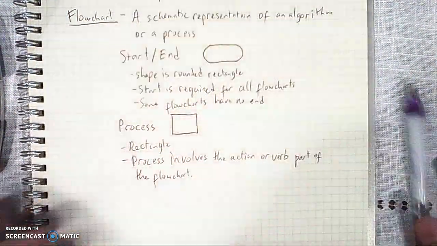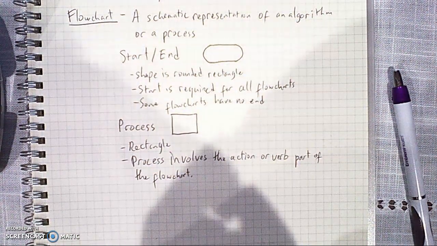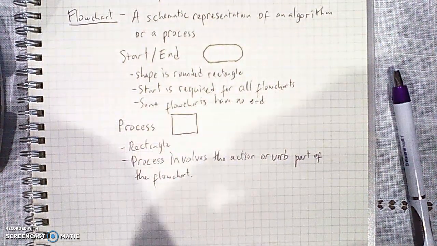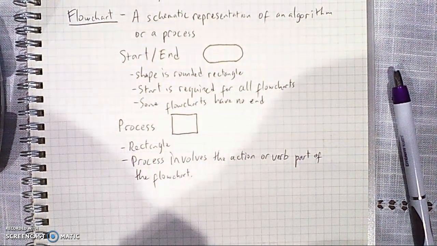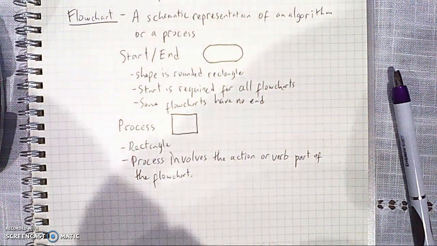So let's say I was making a flowchart that I would use to instruct someone to create a peanut butter and jelly sandwich. Well, something I might put in there would be spread peanut butter onto bread, something like that.